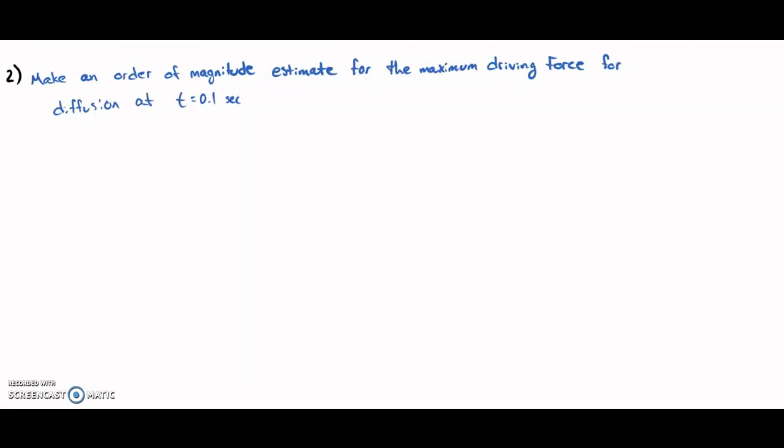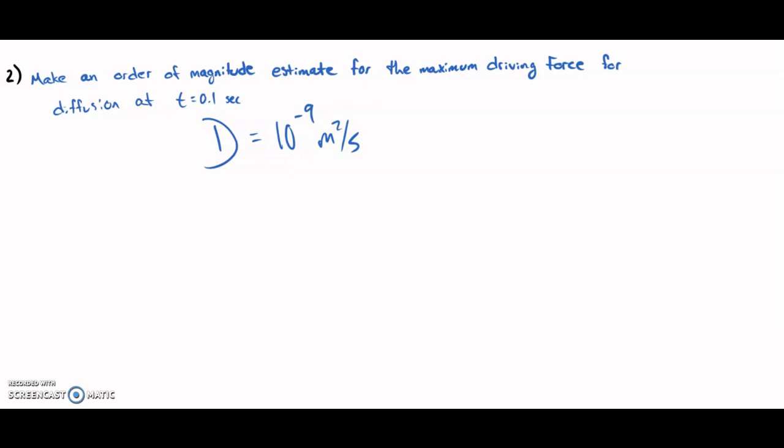It's asking us to make an order of magnitude estimate for the max driving force for diffusion at t equals 0.1 seconds. Now, when I see this, I immediately think, how can we relate the diffusion coefficient to the max driving force? In this case, since they're both liquids and it's an ideal system, our diffusion coefficient is going to be equal to 10 to the negative 9th meter squared per second.